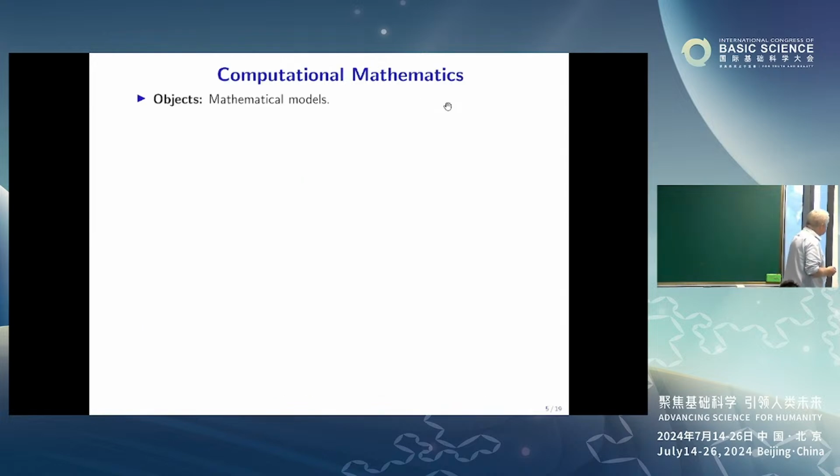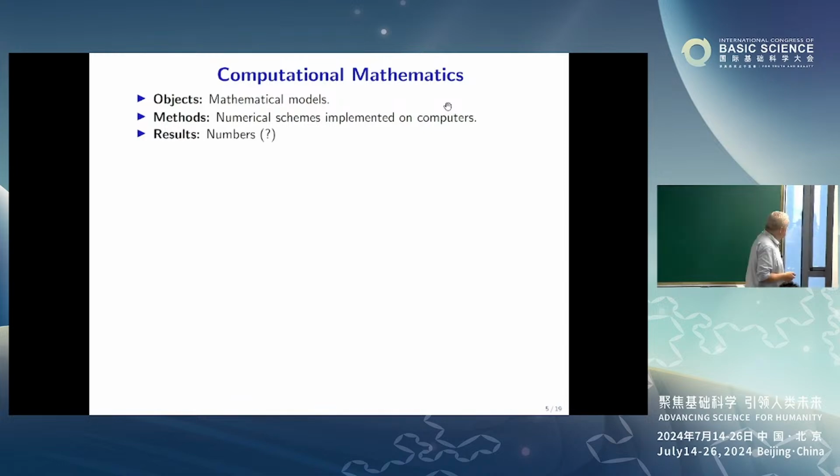the objects are now mathematical models. Methods are numerical schemes which are implemented, and the result, you know, computational beginning of this new field. Many people results are computation.